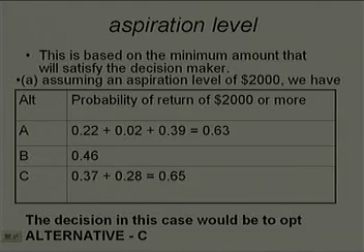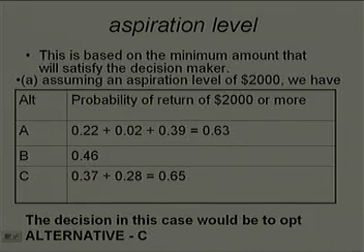Now, under this decision criterion, we are going to take two situations. That means we will take two different aspiration levels, and we will see what our decisions are under these two aspiration levels. In the first case, I am assuming my aspiration level is $2,000.